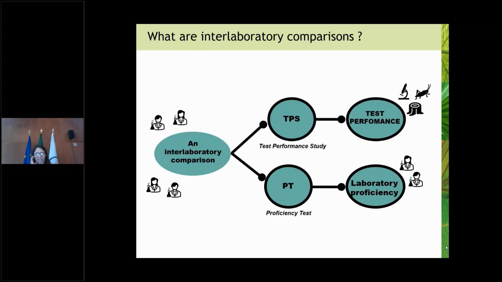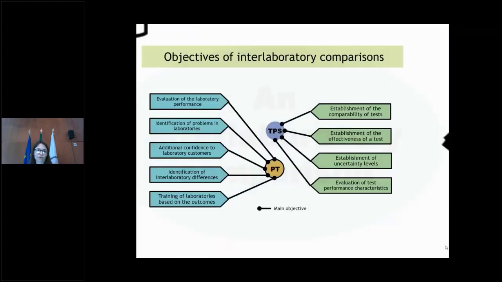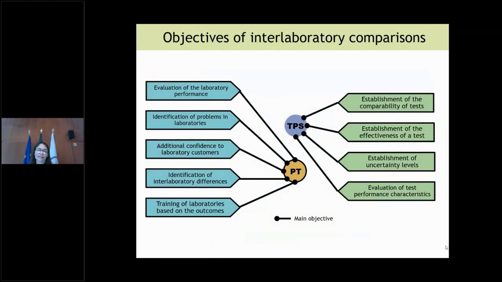And there are two different types of interlaboratory comparison. Test performance studies are really aimed at evaluating test performance, and then you also have proficiency tests that aim at evaluating the laboratory proficiency. Here you can find the detailed objective of each comparison.